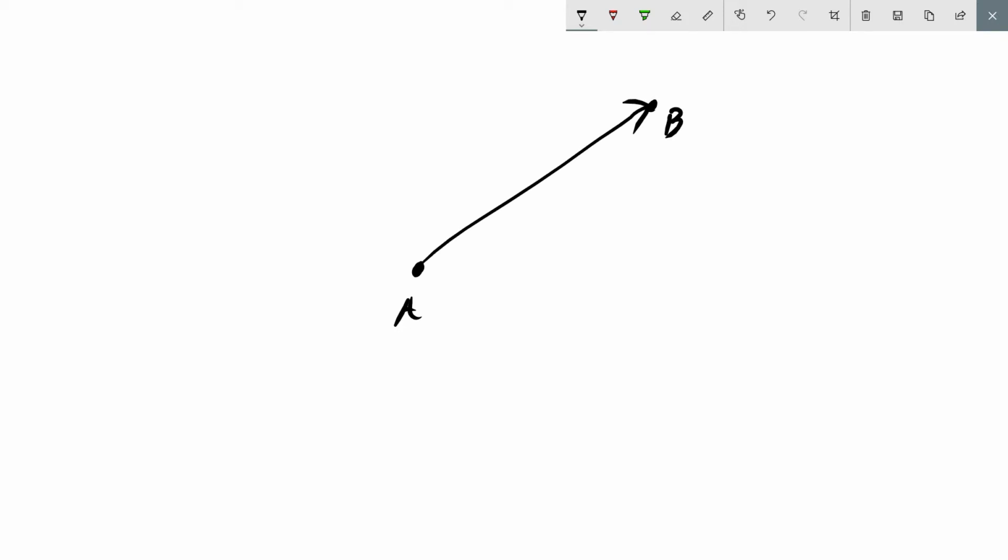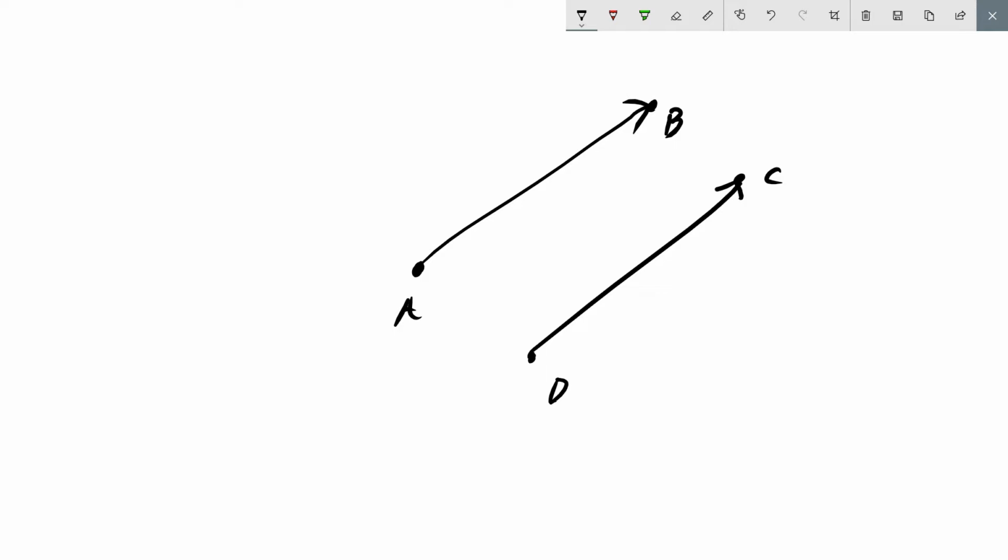I can specify that I want to start at A and finish at B, but that does not mean that the vector that we represent this with is strictly from A to B. For example, in a parallelogram, let's say we have C and D, so DC would be the same vector.